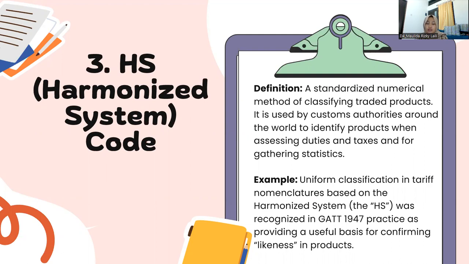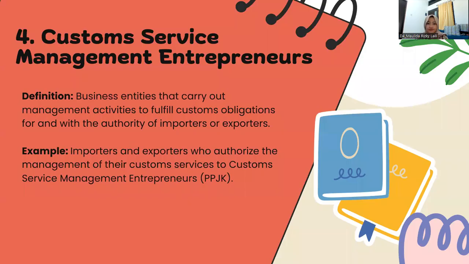An example sentence is, uniform classification in tariff nomenclatures based on the Harmonized System was recognized in GATT 1947 practice as providing a useful basis for confirming likeness in products.